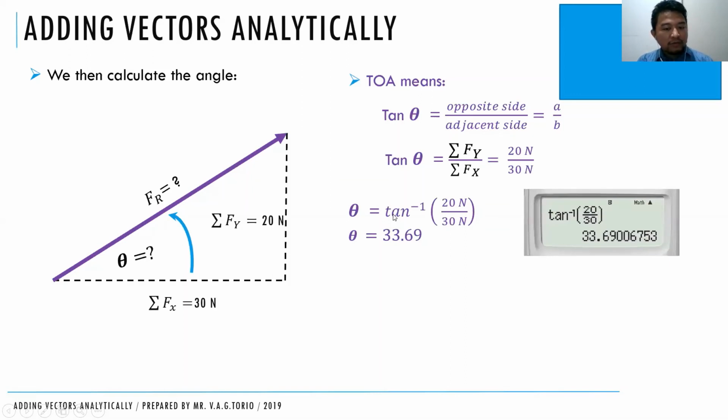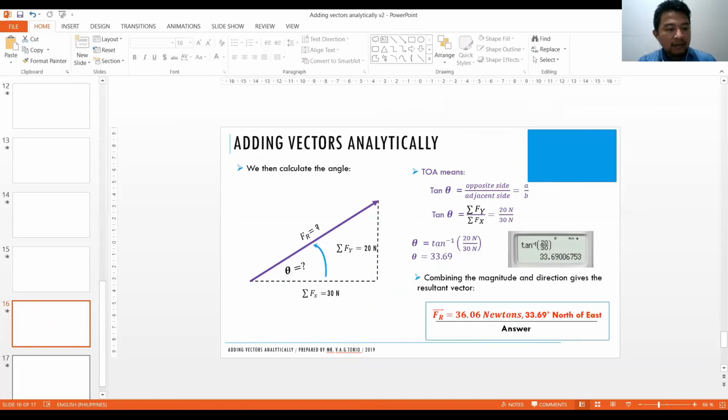Or we can quickly do that in our calculator here. In order to get the second function, tan negative 1, we need to press shift and the tan function, and tada, we can use the inverse tan function and the fraction function here and substitute the values 20 over 30.